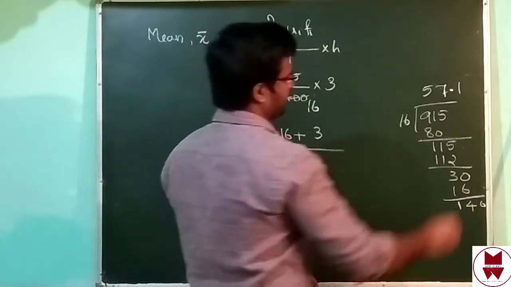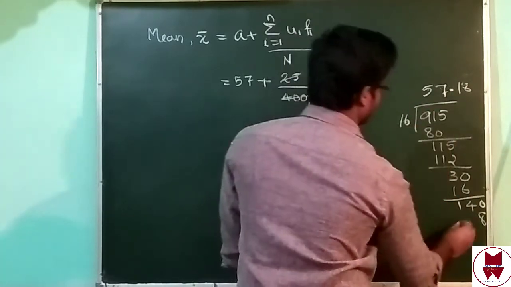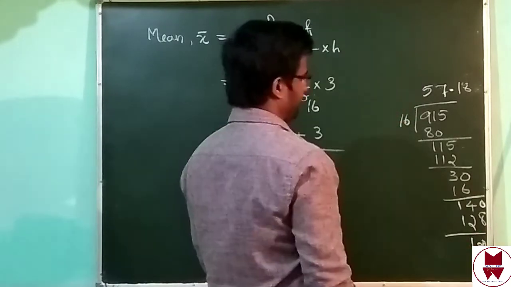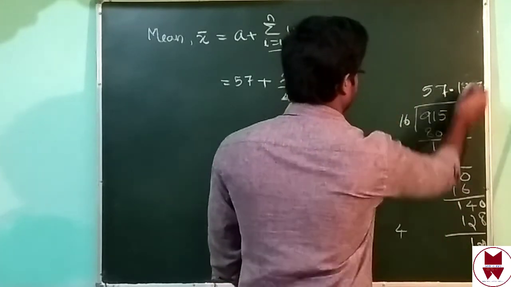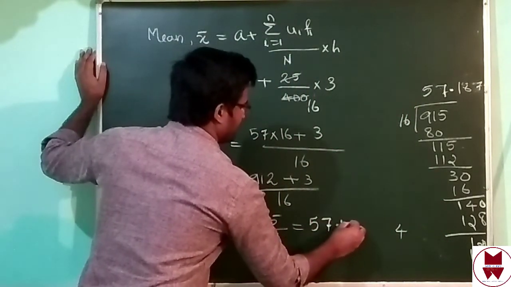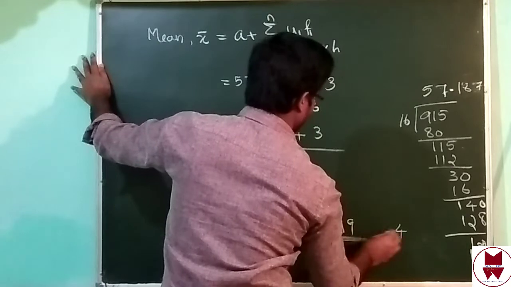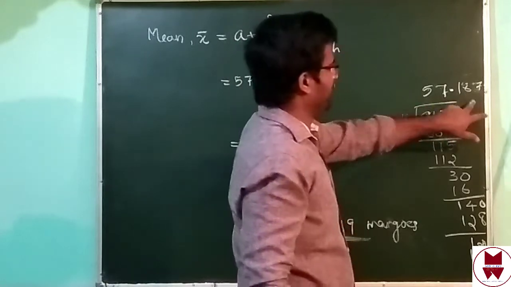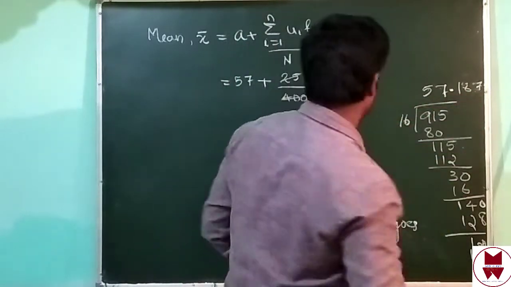In 140, 8 times, 8, then 4. Then 2, 1. Then in 127, 7 times, 7, 42, then 4. 57.1 8 9. The 8 we can write 9. Because the third number after the point is more than 5, this 8 becomes an extra 1. That will be 9.